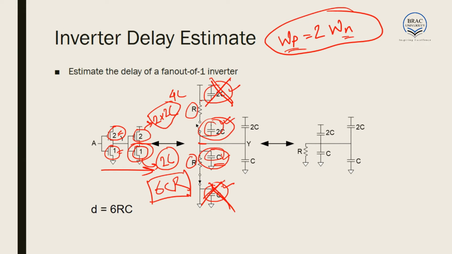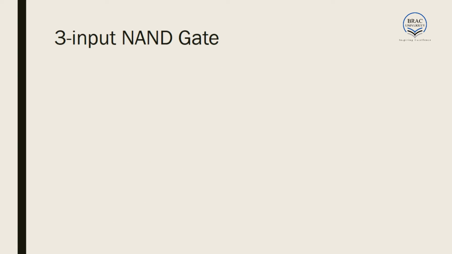This is because either the output is 1 or the output is 0, so either PMOS is active or the NMOS is active. Since DC current does not flow through a capacitor, and a capacitor acts as an open circuit for DC, we have to consider the capacitors which are active at high frequencies. But for the resistance, we consider either the pull up side or the pull down side, because current only flows through one of the resistances. So the total delay would be 6RC.